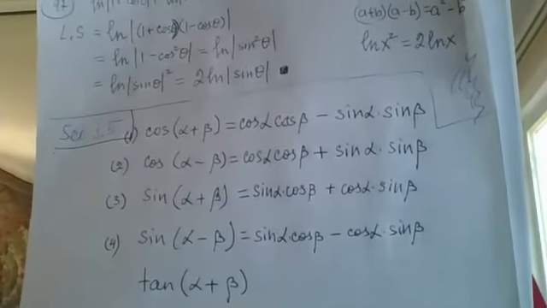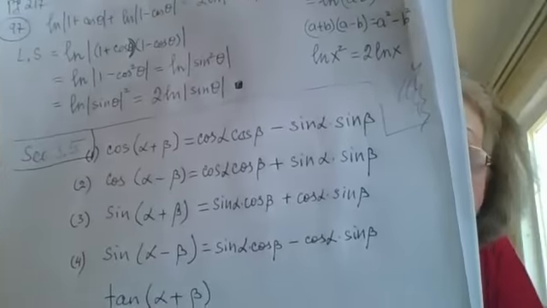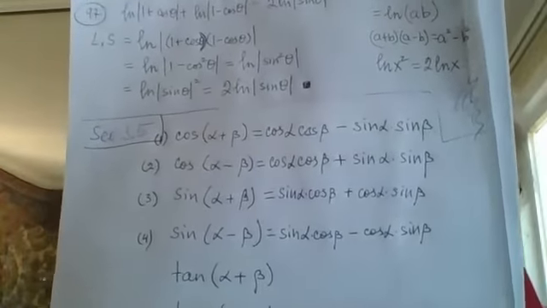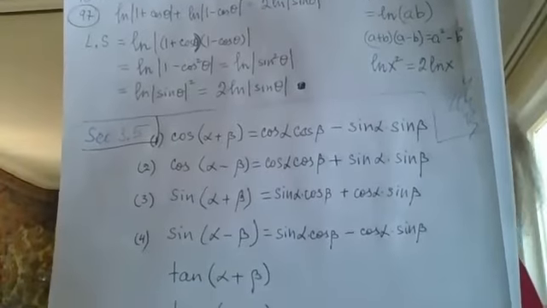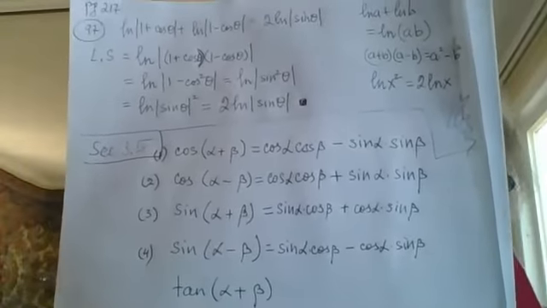Sine of a difference, alpha and beta, so sine of alpha minus beta equals sine of alpha times cosine of beta minus cosine of alpha times sine of beta. It reminds a lot formula number 3, and here we have the same thing.